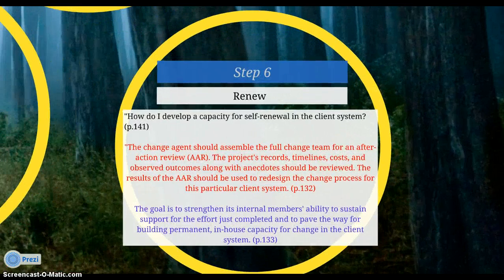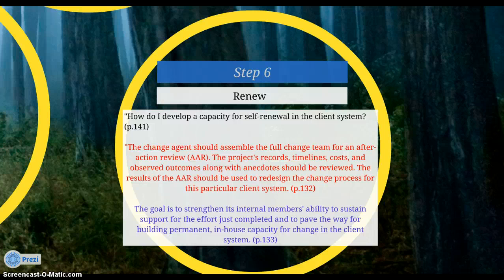Step 6. Renew. This stage has also been subtitled by the authors as CREATE. Although this is the last step, the change agent's work is not finished. They are now maintaining and monitoring the change. They should be reflecting on the entire change cycle.